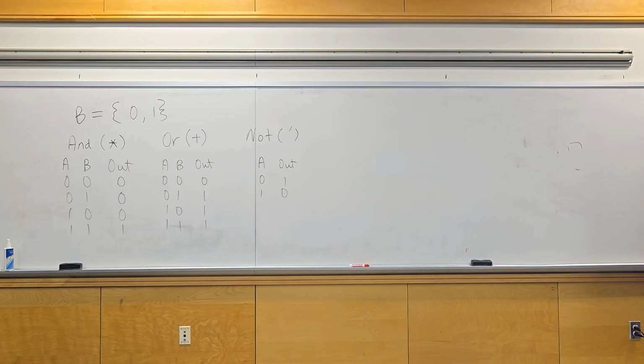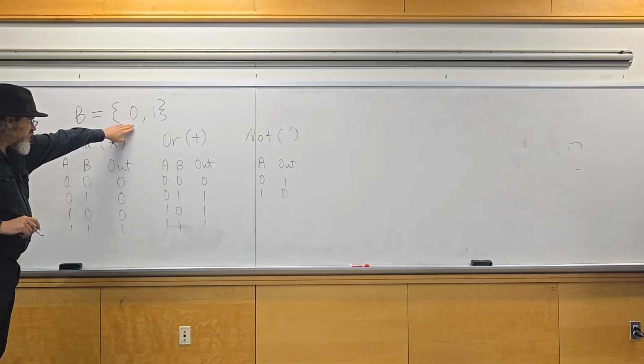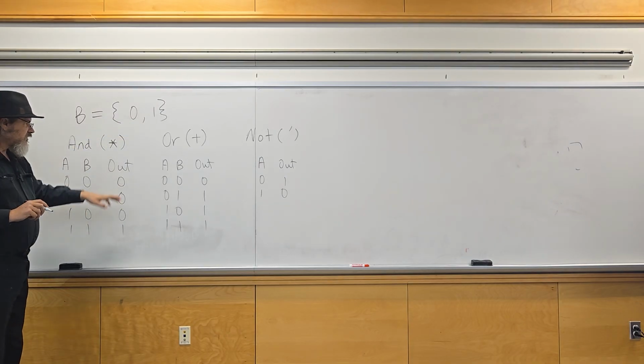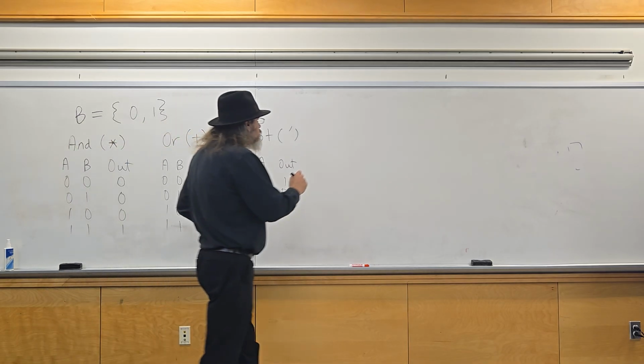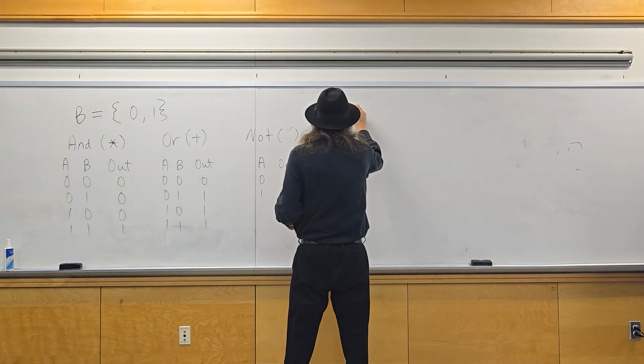The first one is that the structure is closed with respect to the two binary operators and one unary operator. That means that regardless of the input, if the input is a member of this set, the output is a member of that set as well. So, closed.